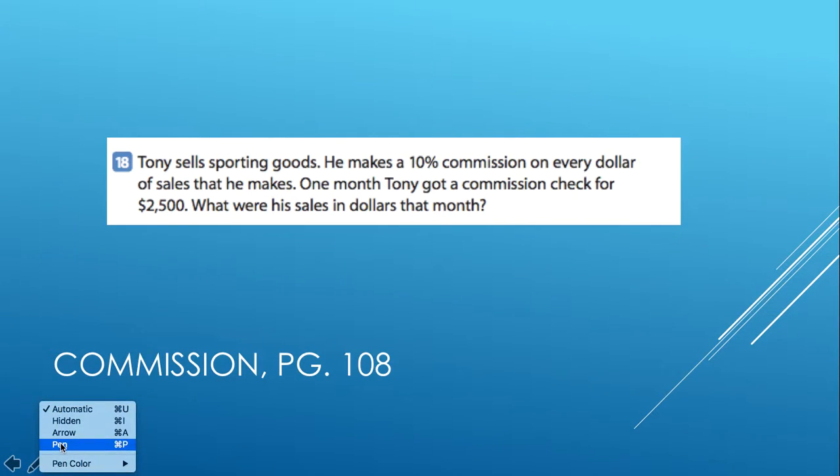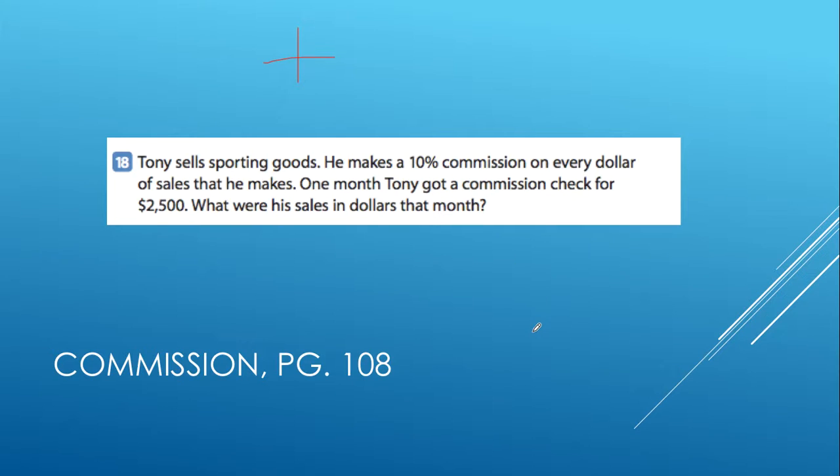Sorry, I gotta get my pen again. So it's also addition. Tony sells sporting goods. He makes 10% commission on every dollar of sales he makes. One month, Tony got a commission check for $2,500. What were his sales in dollars that month?